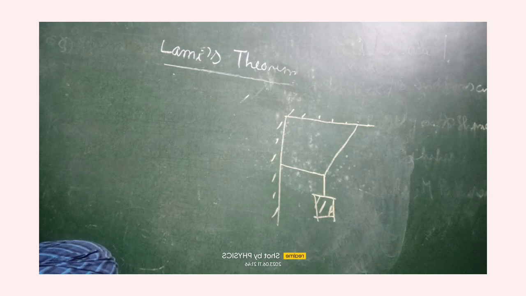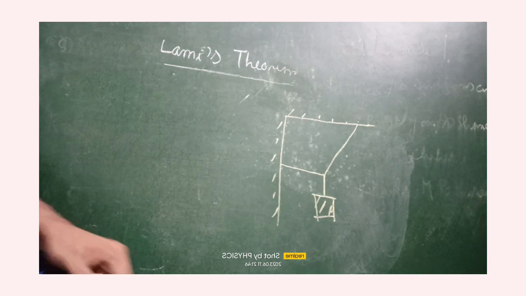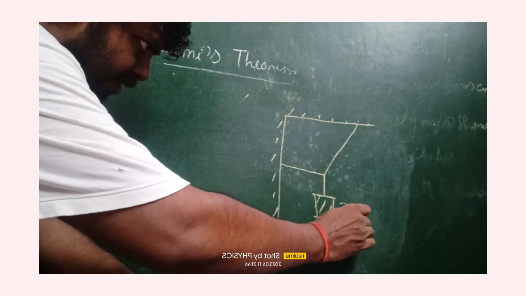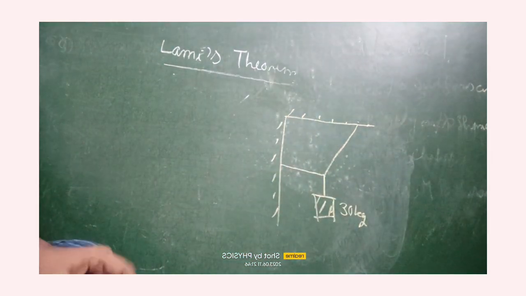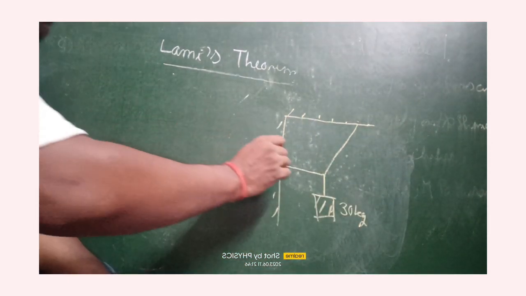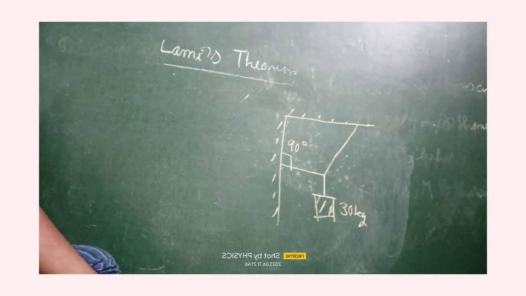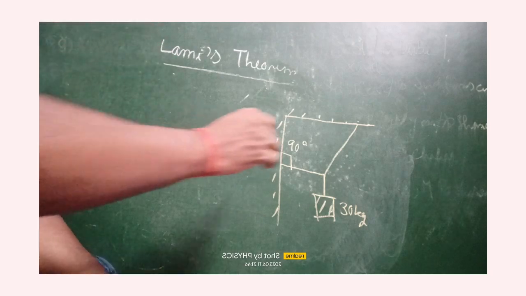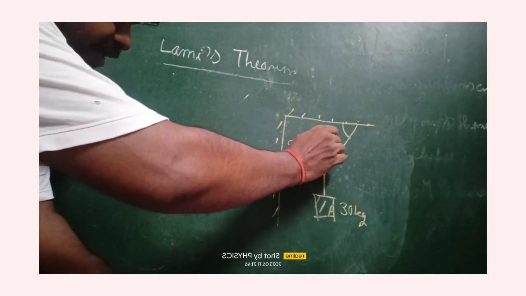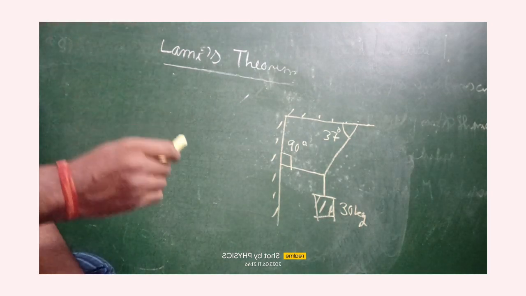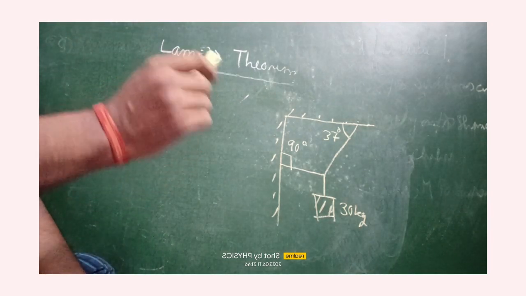The mass of the block is 30 kg. Here this angle is 90 degrees and this angle is 37 degrees. Now find the tension in each string.